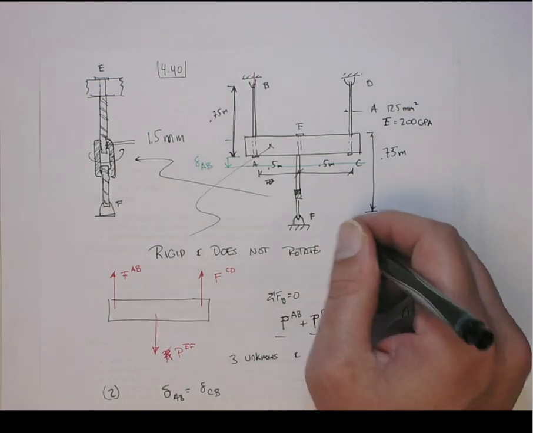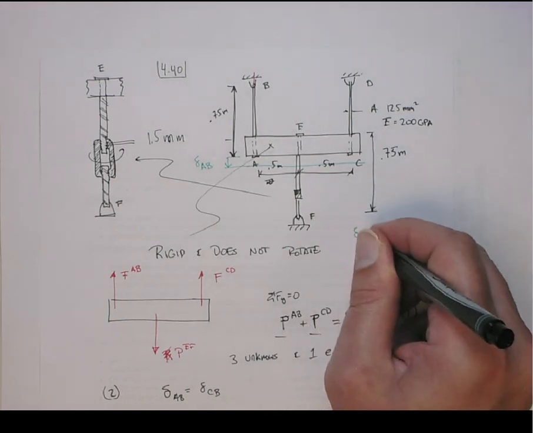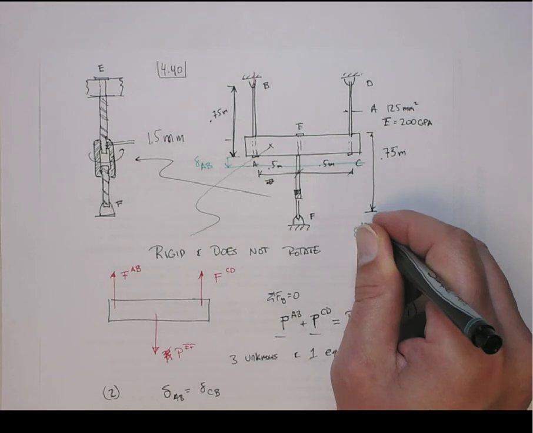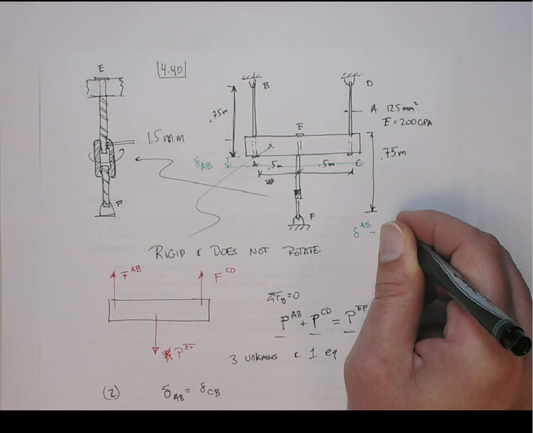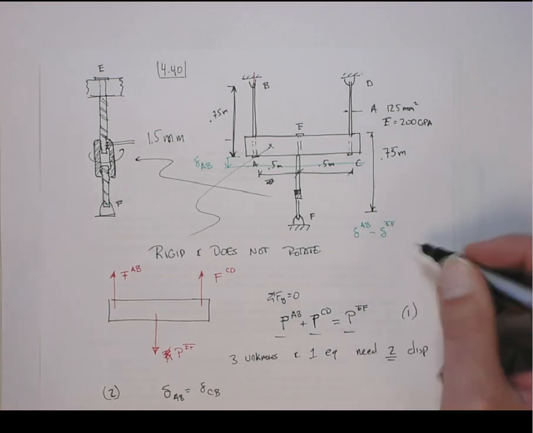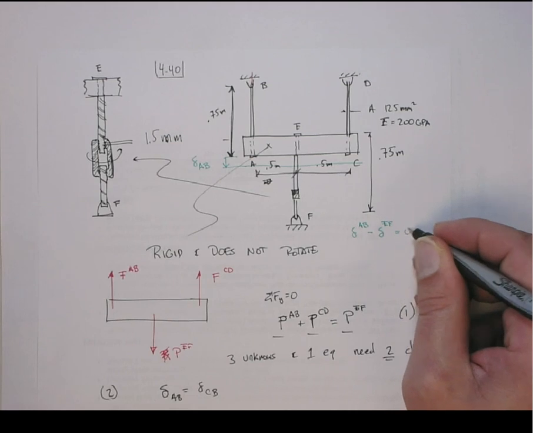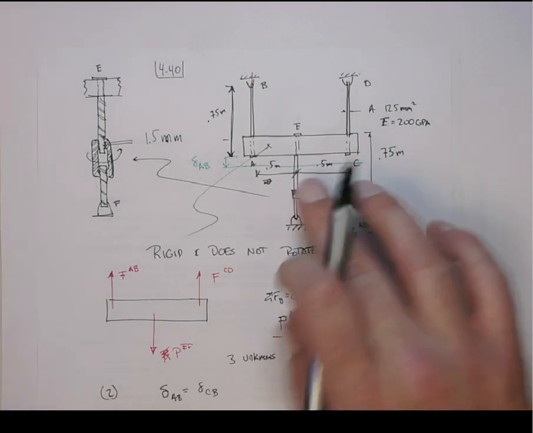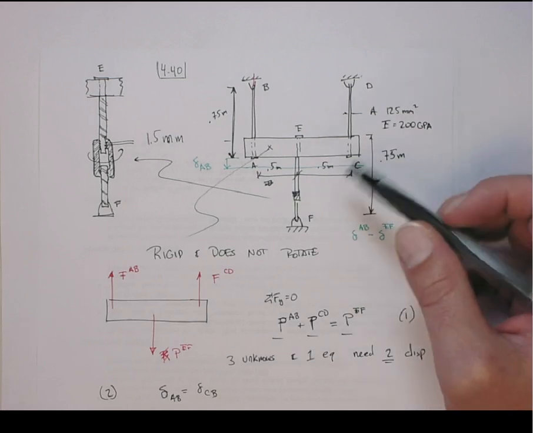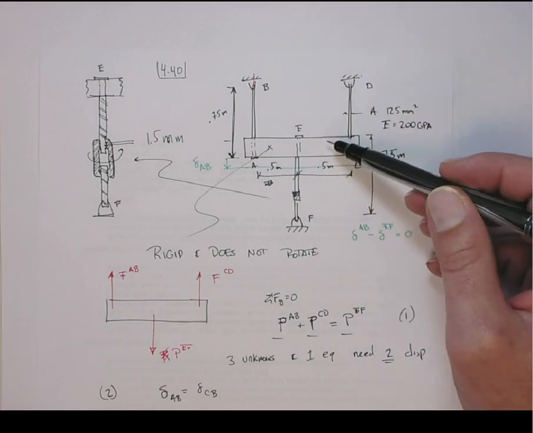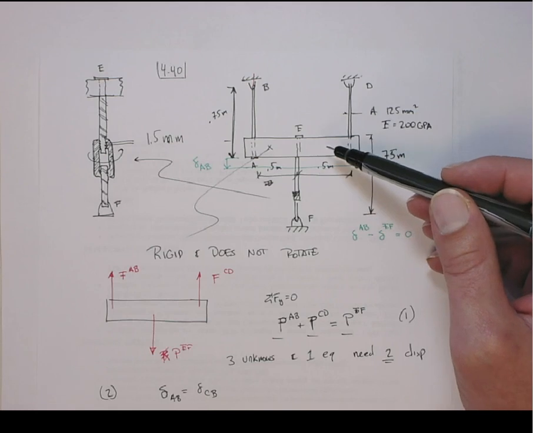So you have delta AB minus delta EF would equal 0. Forget about the turnbuckle now. So it's saying if somehow I put some loading on here, maybe it's the weight of this. We ignored the weight, right?